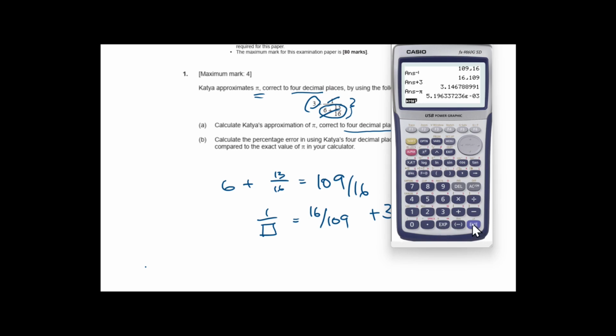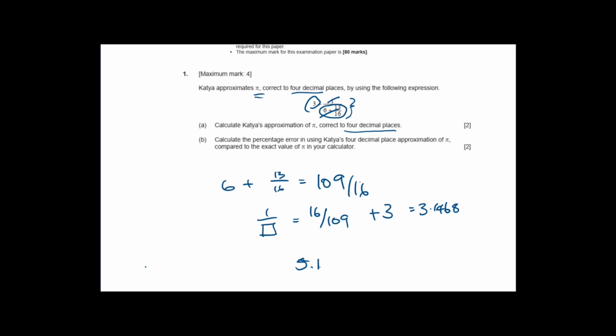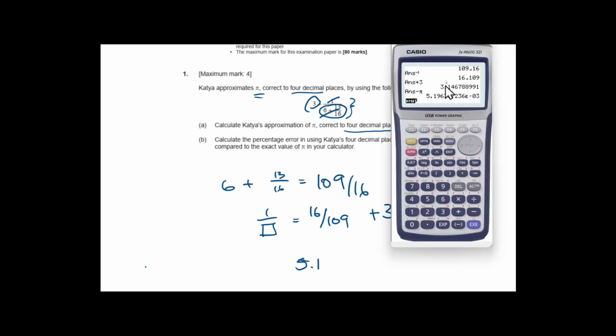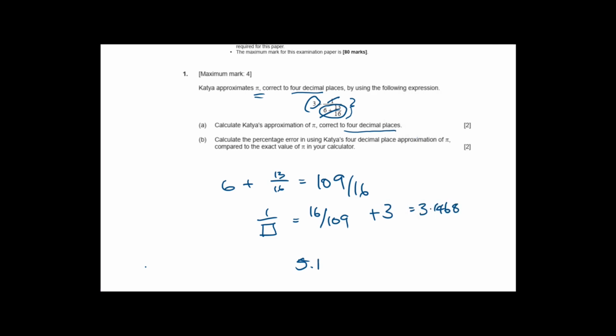So we get this number here, 5.1963 4, I've done it to 5 decimal places, times 10 to the power of -3. So a really, really tiny number.